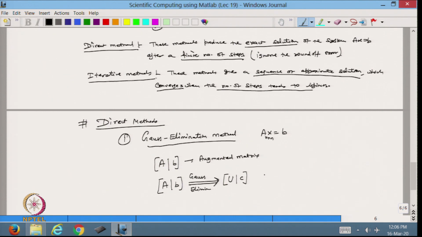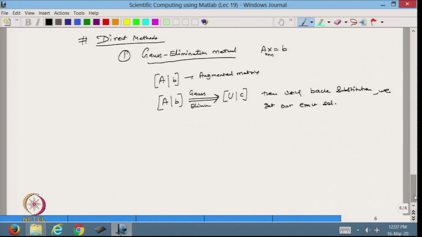And then using back substitution, we get our exact solution.